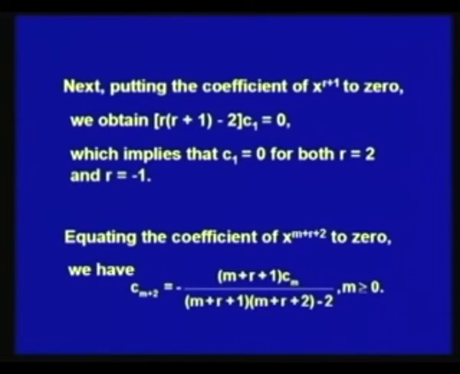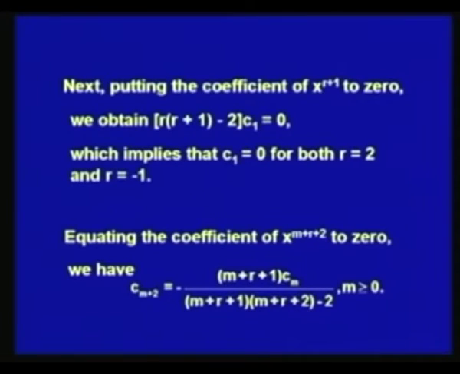Next, in order to find the recurrence relation between the coefficients of the series solution, we shall put the coefficient of x to the power m plus r plus 2 to 0. This will give us Cm plus 2 equal to minus (m plus r plus 1) into Cm over (m plus r plus 1)(m plus r plus 2) minus 2, for m equal to 0, 1, 2, 3 and so on, or you can say m is greater than or equal to 0.